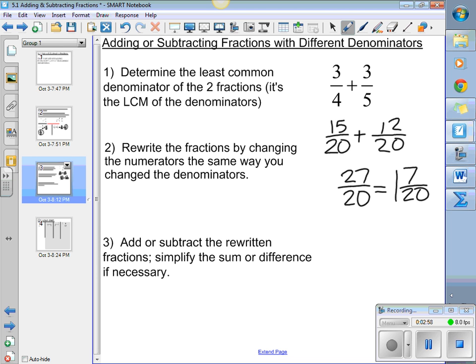Okay, so now I add or subtract the rewritten fractions, and I simplify and give it to you. Sorry, I went kind of fast. Questions? If you have them, make sure you write them and bring them to me in class.